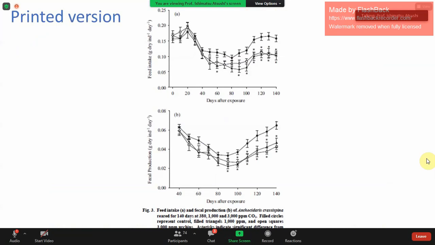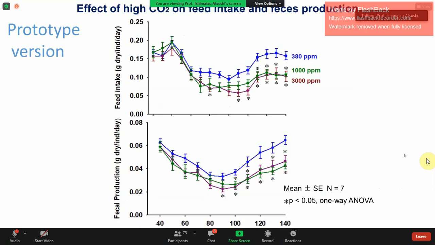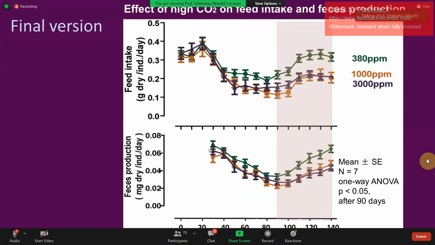Okay, and sometimes we copy figures from publications. This one I took from my own old publications, and then I gradually changed this one. Now I put legends here, and this is almost the final one. Okay, colored, and this is also the colored one.